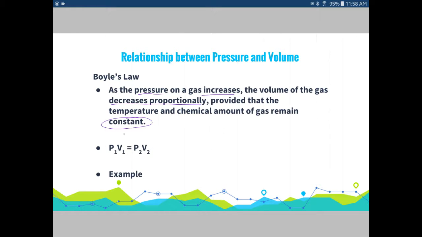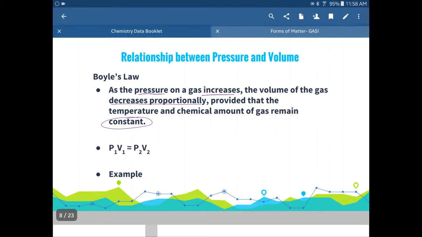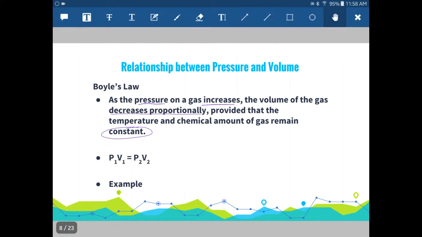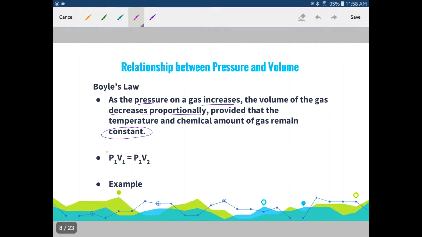Our mathematical expression is P1 times V1, or pressure 1 times volume 1, equals pressure 2 times volume 2. This is our initial conditions, and this is our final conditions. Let's just jot that down here.